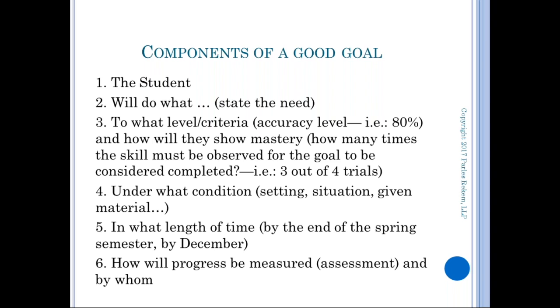That helps us determine whether a child has mastered a goal. If we simply write a goal, then we have to assume that if we did it once, we've mastered it. That can't be possible. So that's why we need to know how we're going to master it.